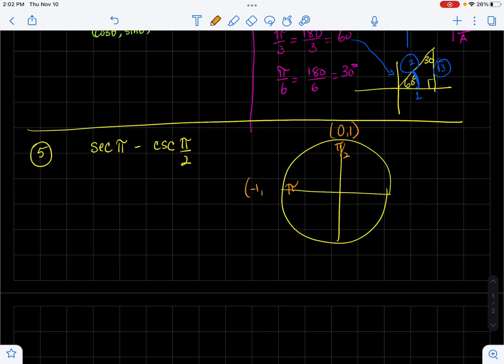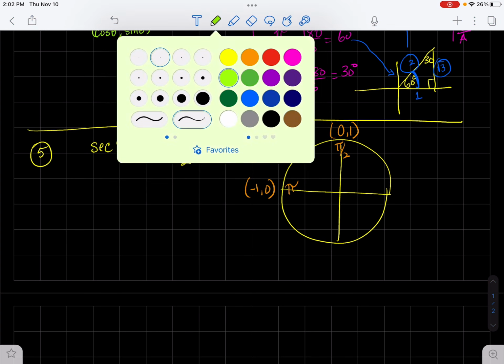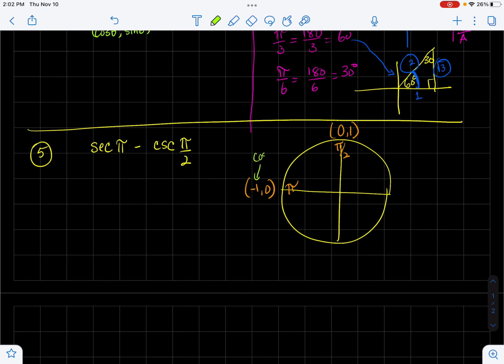And this would be -1, 0. Also, this will be the cosine value, sine value, cosine value, and this will be the sine value. Secant of pi. So cosine is -1, hence secant would be the reciprocal of -1, which again turns out to be -1. Cosecant of pi over 2.